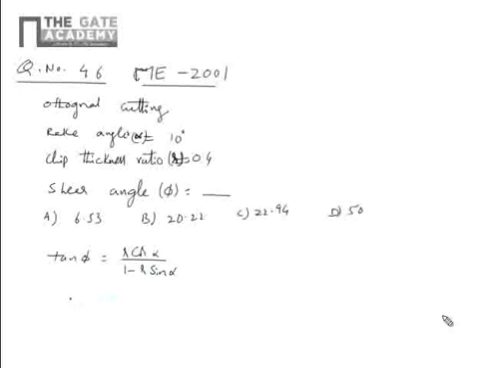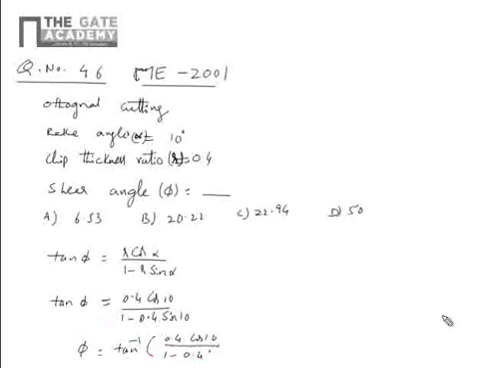Substituting, r is 0.4: cos 10 degrees by 1 minus 0.4 sin 10 degrees. Phi equals tan inverse of 0.4 cos 10 by 1 minus 0.4 sin 10.